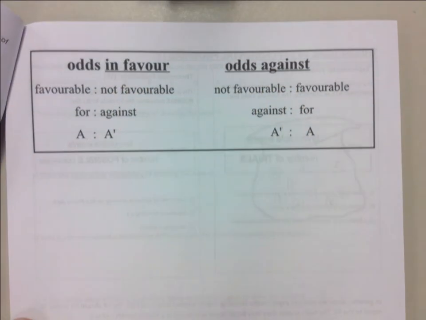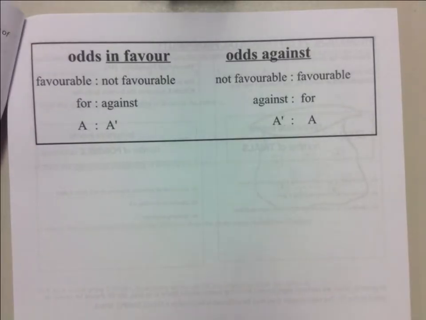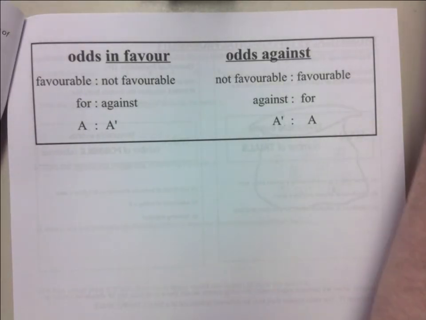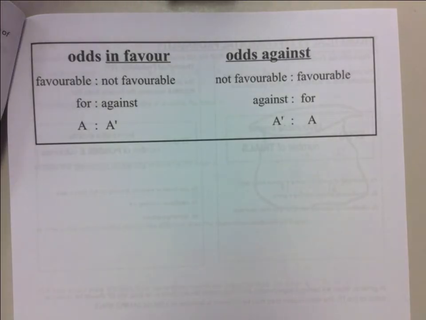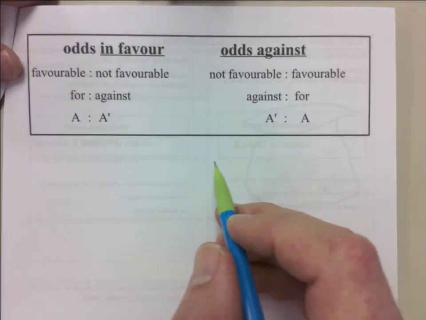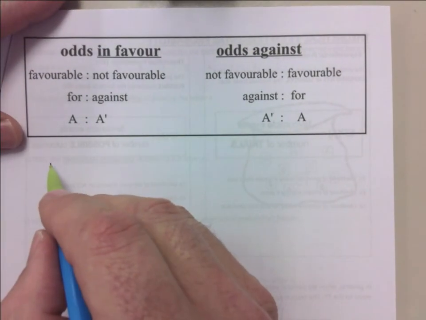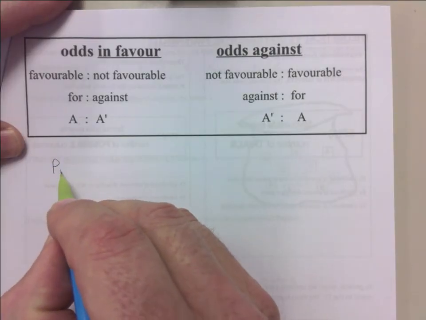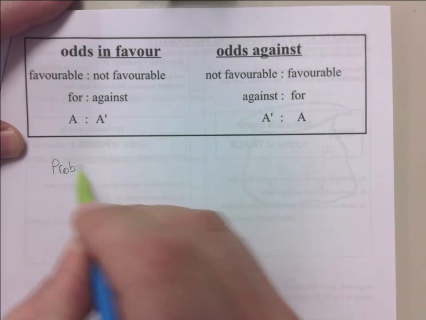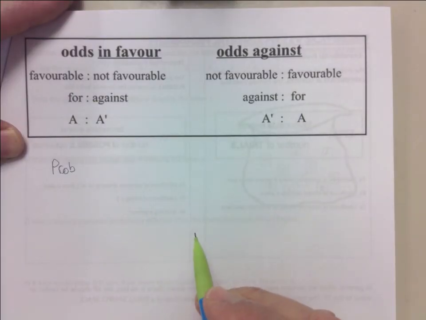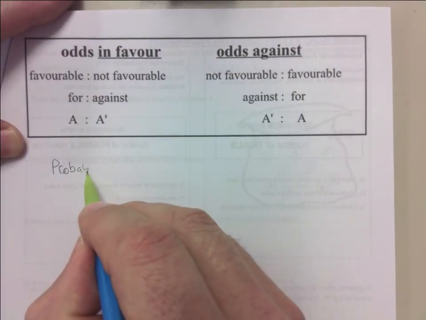Okay, so here's my summary of converting between. I have an example. If you want to go from probability to odds, this is study sheet material right here.